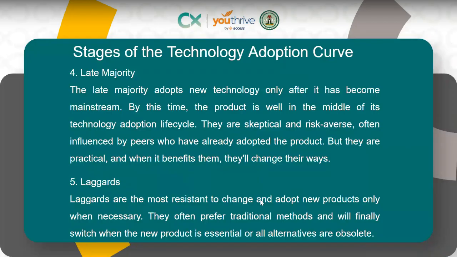They might have a level of authority because they have been in that market for so long. So if you're able to get laggards as well, your product will literally scale in the market.